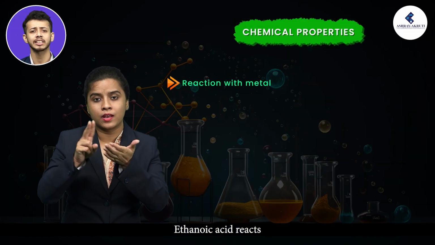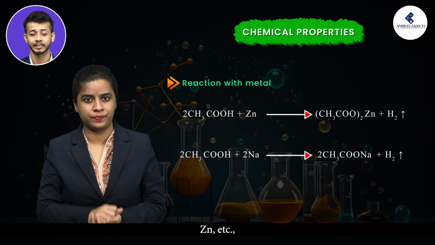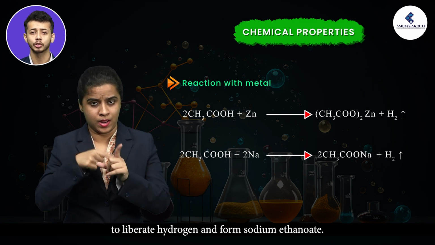Ethanoic acid reacts with active metals like Na, Zn, etc. to liberate hydrogen and form sodium ethanoate.